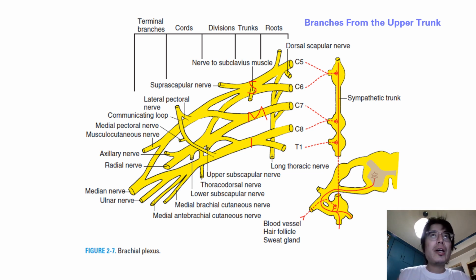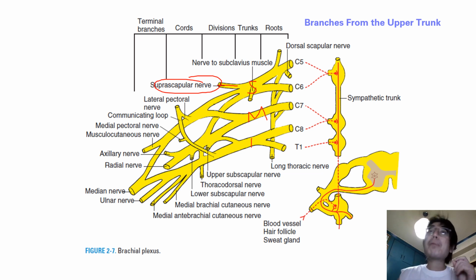Of note here is that the upper or the superior trunk gives off two important nerves. The first, as we can see here, is the suprascapular nerve. It runs laterally across the posterior cervical triangle, and it passes through the scapular notch under the superior transverse scapular ligament.